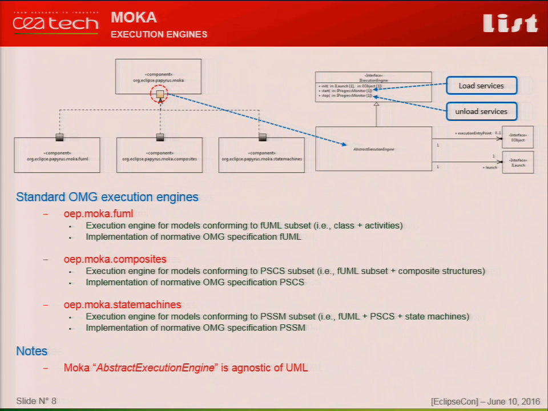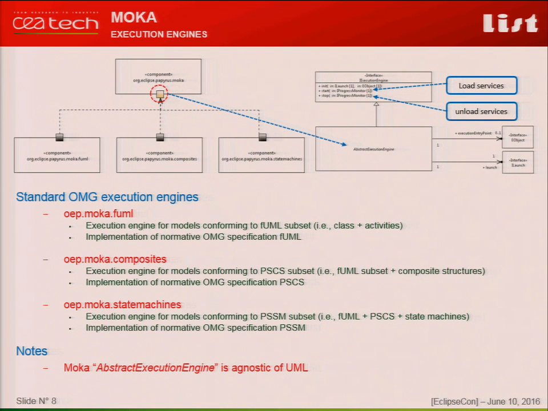The engines that implement fUML make it possible to interpret models built with classes and activity models. In addition, we also have an execution engine for composite structure, meaning that in addition to classes and activities, you also have the possibility to use composite structure in your model, and so to use ports and connectors.